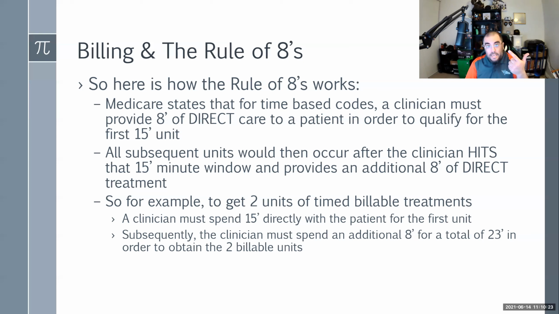I did 3 different things with them, but I have to pick 2 of those I can bill for. So I'll bill for Therex and I'll bill for gait, and I will not worry about the transfers. It may seem kind of counterintuitive. I just have to pick the 2 that I want to legitimately bill for. I'll document that I did everything, but I only have enough time to bill for 2 units. So it's a little bit of a game.